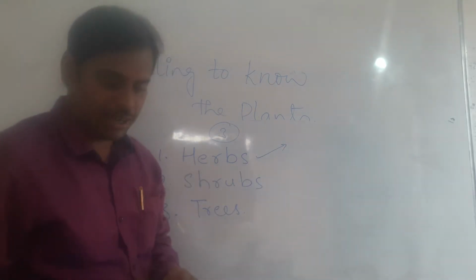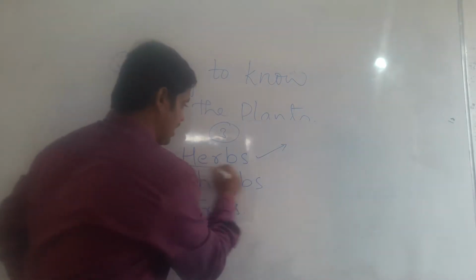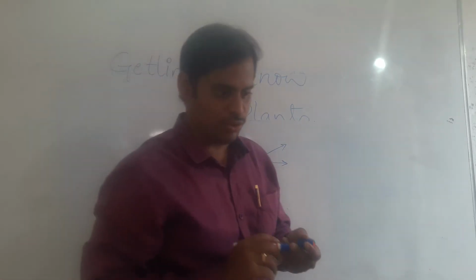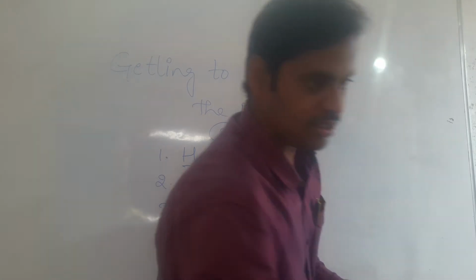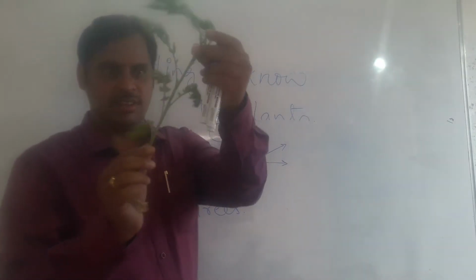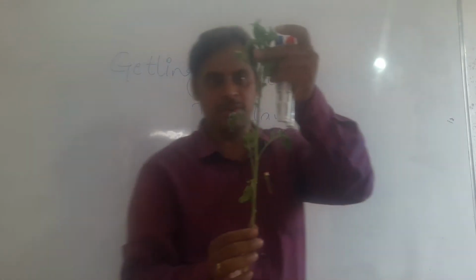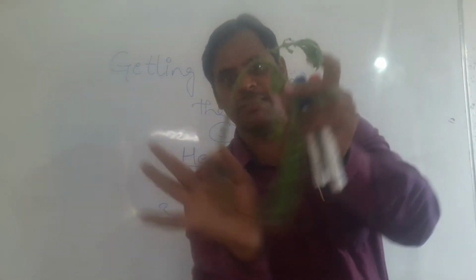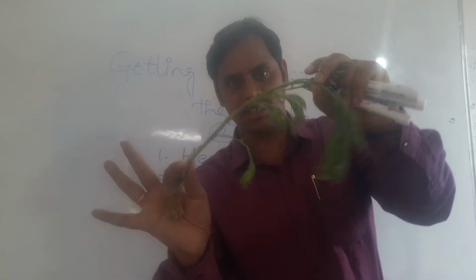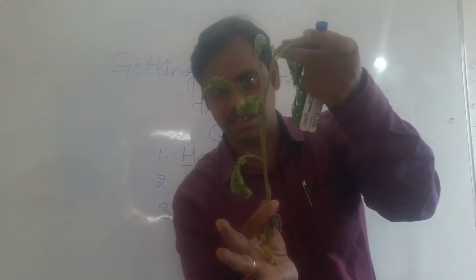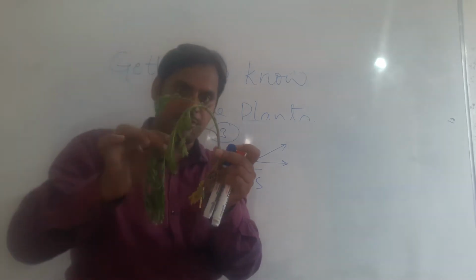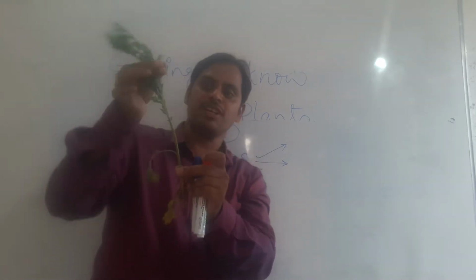Number one, herb. How can you identify a herb? What are called herbs? Here I am going to show you one plant. This one, right? It is a herb. A herb is a plant which doesn't have a woody stem. We can bend it. Have you seen this kind of plant in your surroundings? Herbs are plants which can be bent easily and don't have a woody stem.